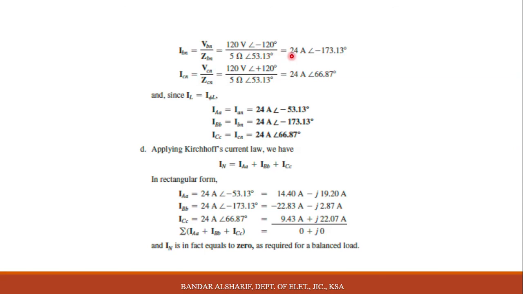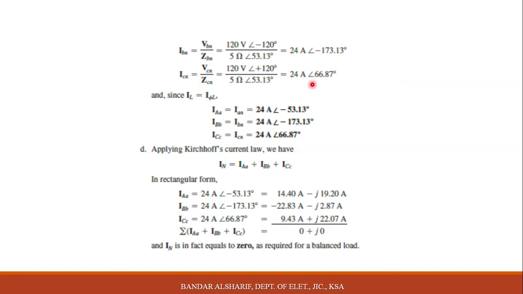You will get the same magnitude for the current, but a different value in the angle. And for the last one, ICN, VCN divided by ZCN, you will get 24 ampere at angle 66.87.